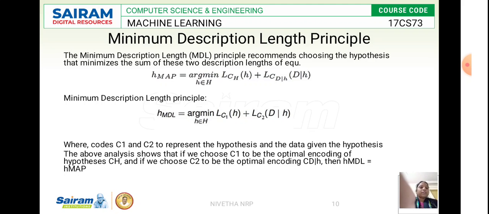Both are the same here. The final outcome of minimum description length is that H_MAP is equal to H_MDL. Your maximum posterior hypothesis is equal to the hypothesis of minimum description length. When you derive it, both outputs are the same.